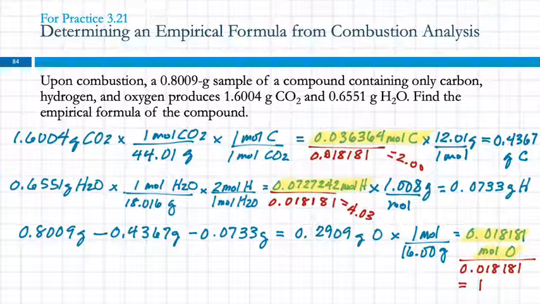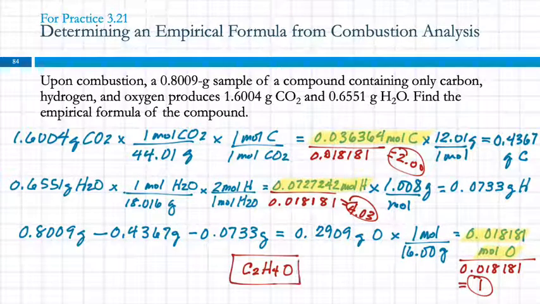Phew, at least we don't have to multiply these. So I've got 2 and 4 and 1. C2H₄O. Empirical formula.